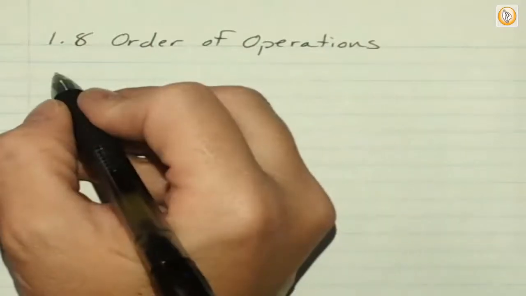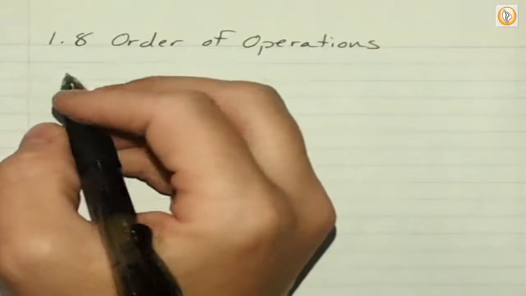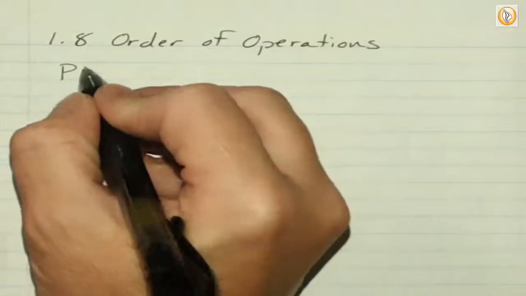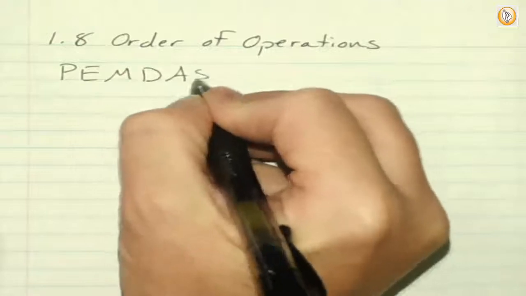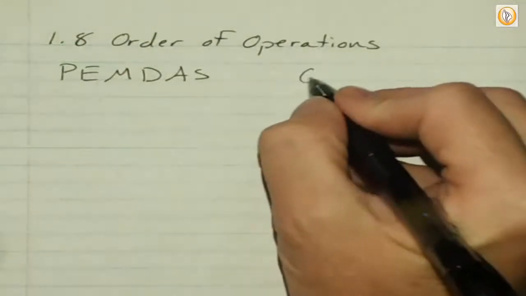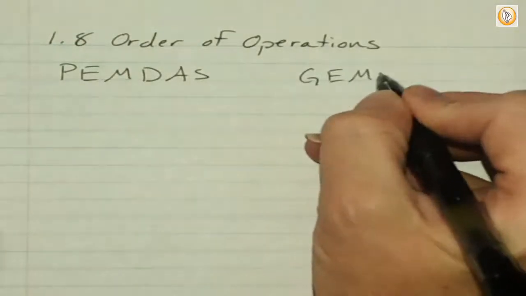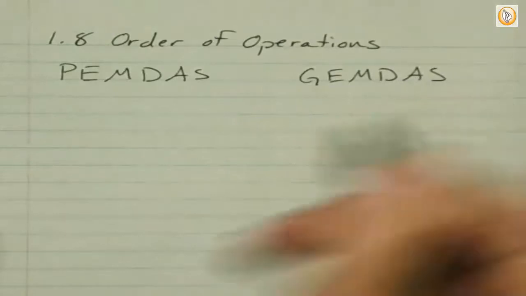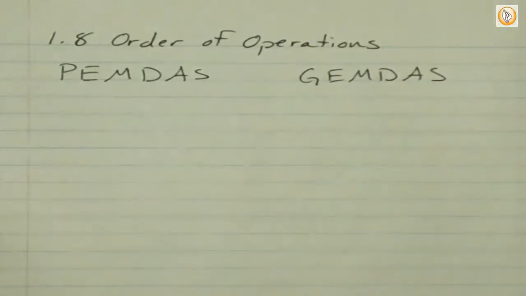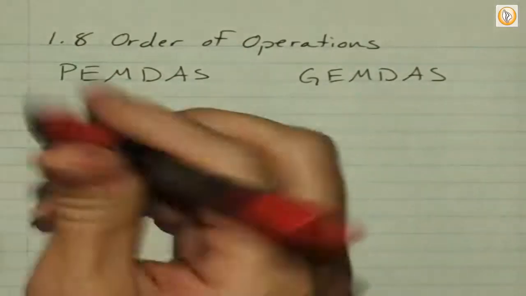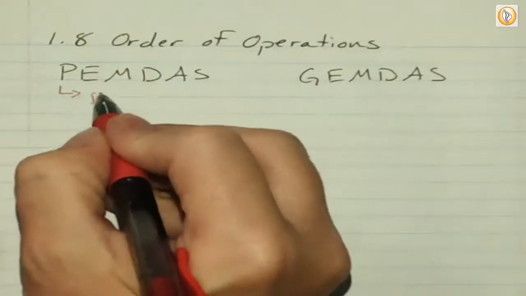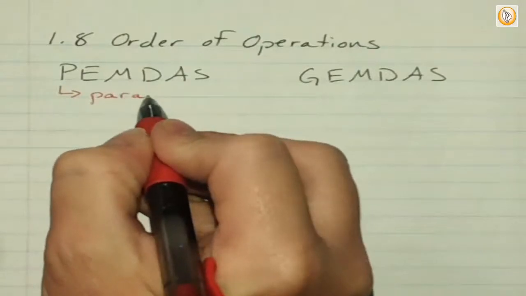But you'll get a kid or sometimes an adult that'll tell you or post on there PEMDAS. And they've now changed it to GEMDAS. The only difference is the P. This means parentheses.